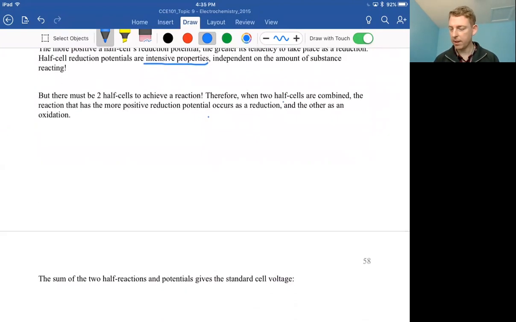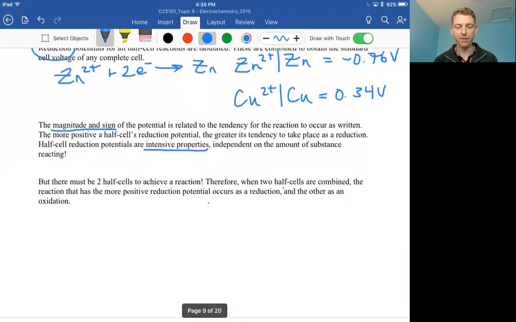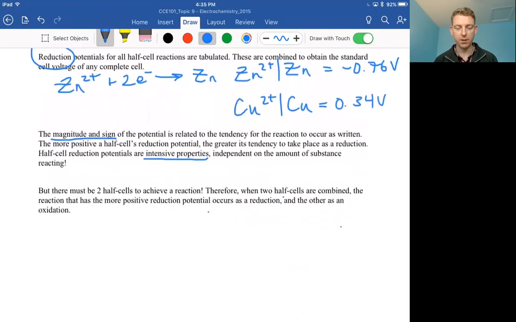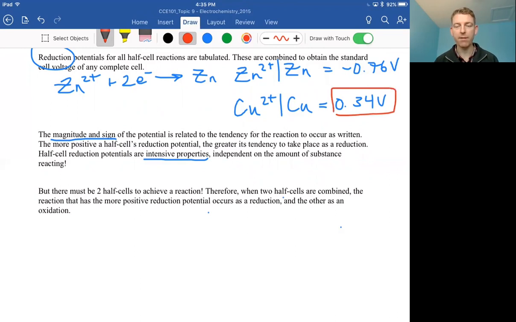So next we can see exactly how these are going to combine to come up with our standard cell potential. The first thing we would want to check is to look for the most positive of the two on the list. Let's say we're going to look at a copper and zinc cell. First we have to decide which of these two values is the more positive, and obviously in this case the copper is.